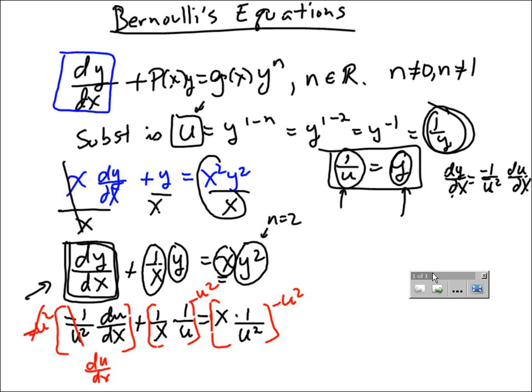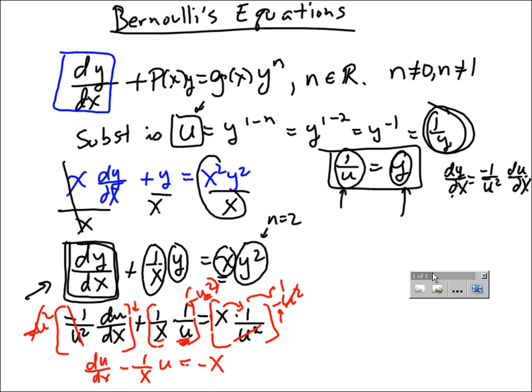The second term, times negative u squared, is going to be negative, so this plus becomes a negative. You get 1 over x, and u goes into u squared, u times, that's going to cancel to 1, negative 1. So you have x times 1, which is x, times negative 1 is negative x.